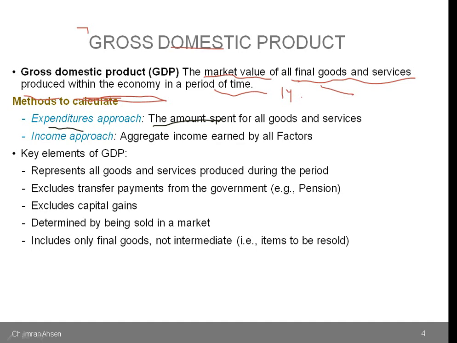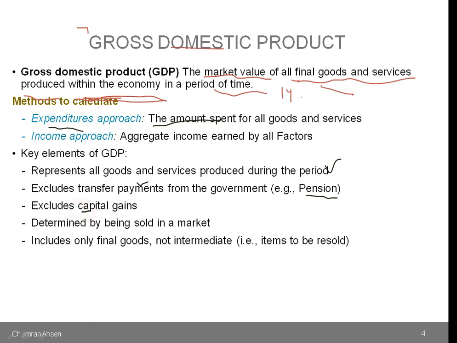Okay, key elements of GDP. It represents all goods and services produced during the period. Number one, exclude transfer payments. Transfer payments are those which we earn or receive without any consideration, without working for them. For example, pension.